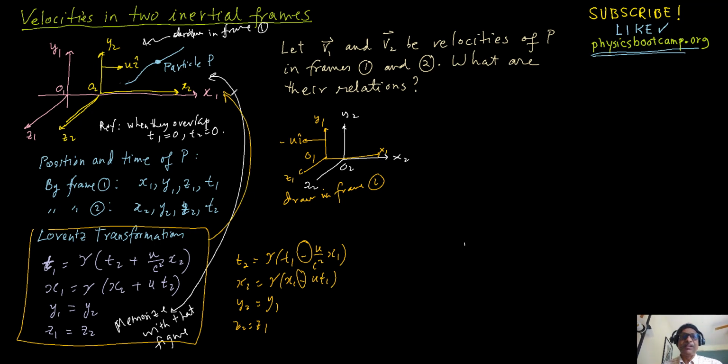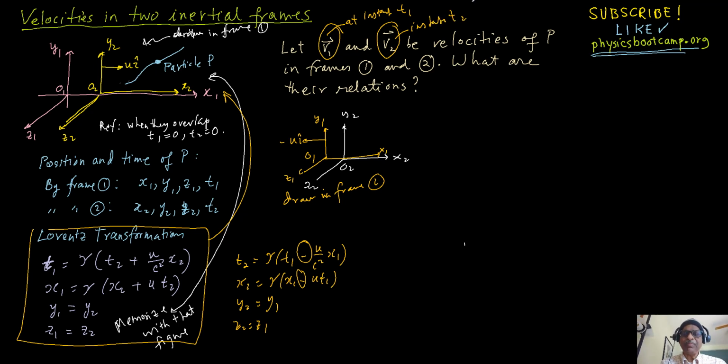Okay. Now the question is, not only will this be different, frame 1 will assign a velocity v1, and frame 2 will assign velocity v2 at the same instant. So velocity v1 is at instant t1 in frame 1, and this is going to be instant t2.